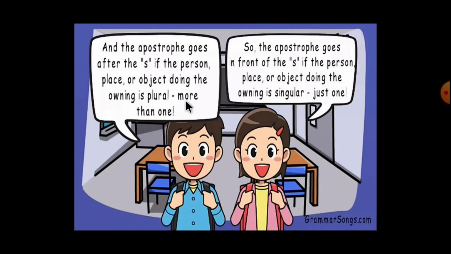Plural form means more than one. If the nouns are in the plural form, we put only the sign of apostrophe. If few plural nouns are not ending with S, then we put apostrophe and S as the regular rule.